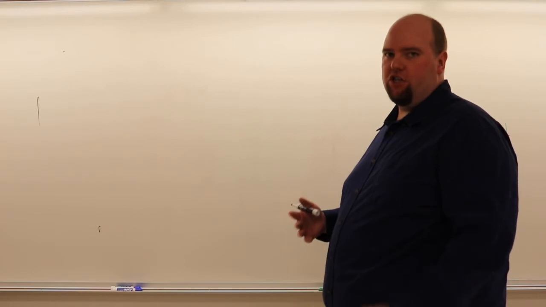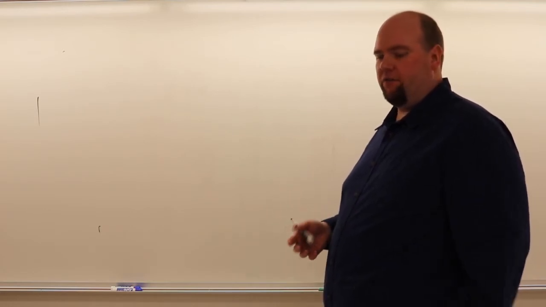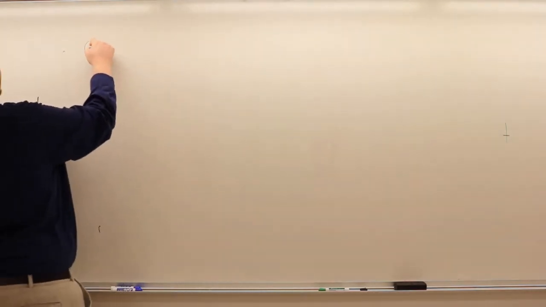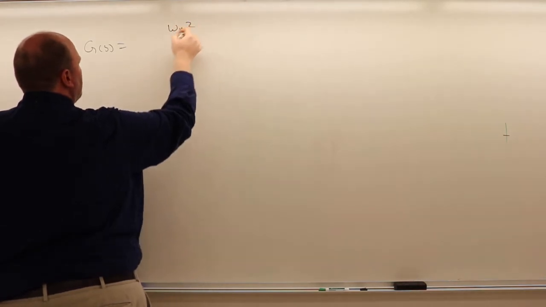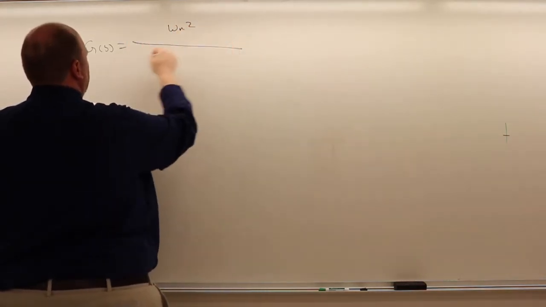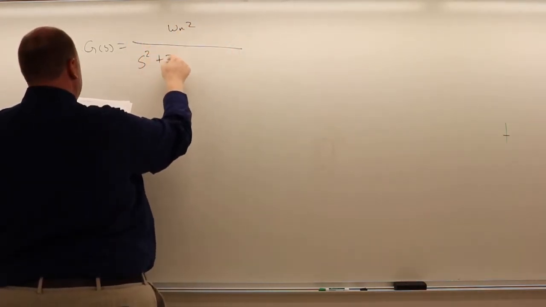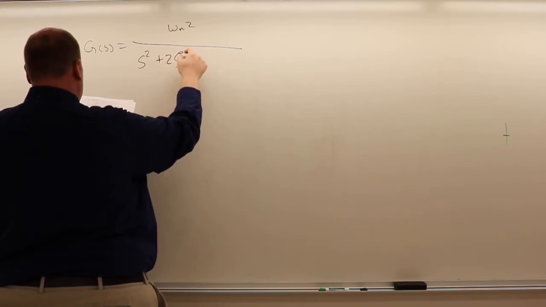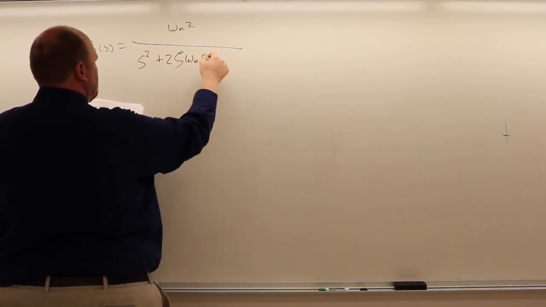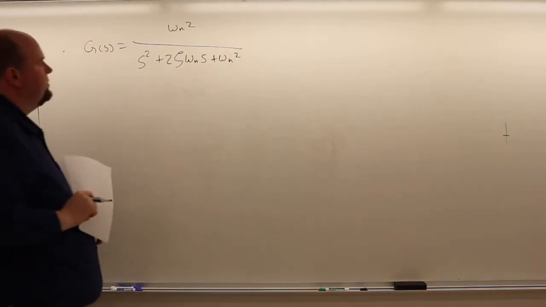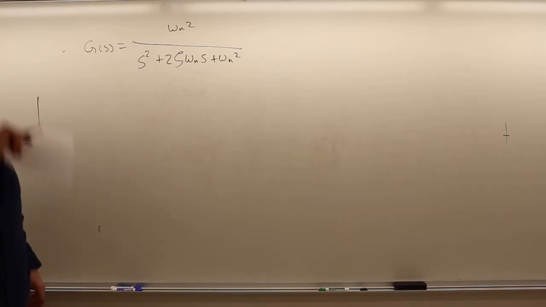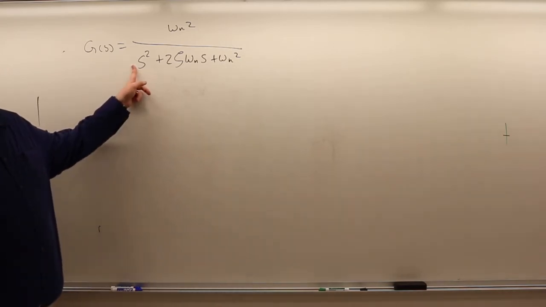But now I'm going to write the generic form of a second order transfer function with these terms included. So, transfer function. So one thing to note: no coefficient in front of the highest order s term here.